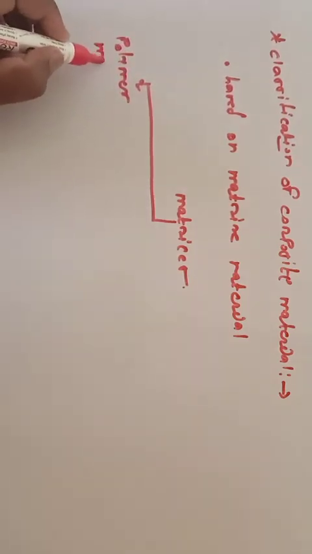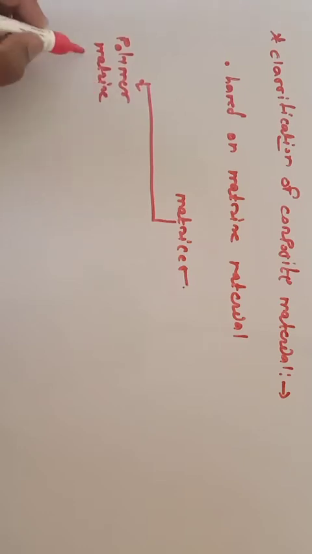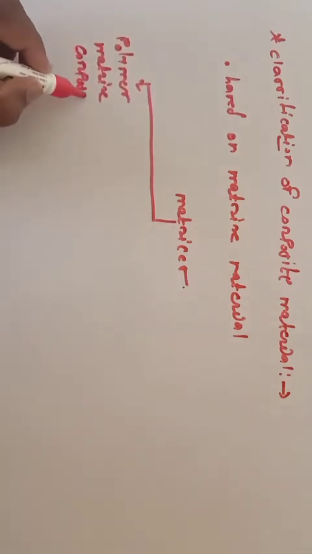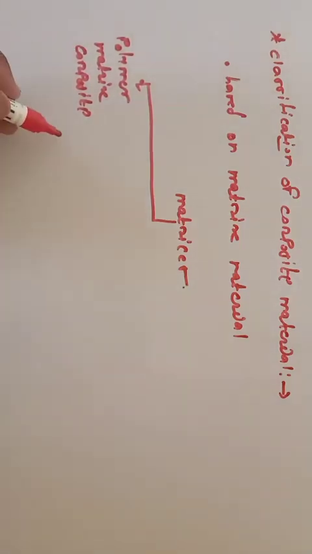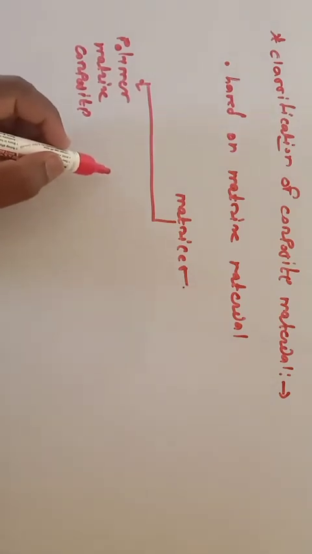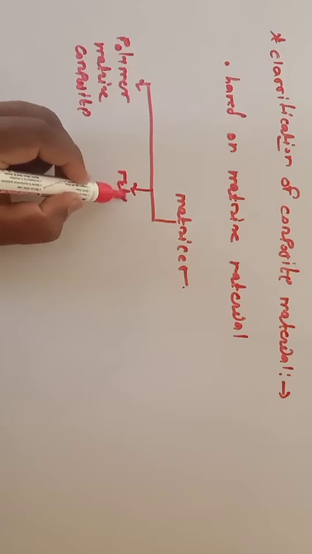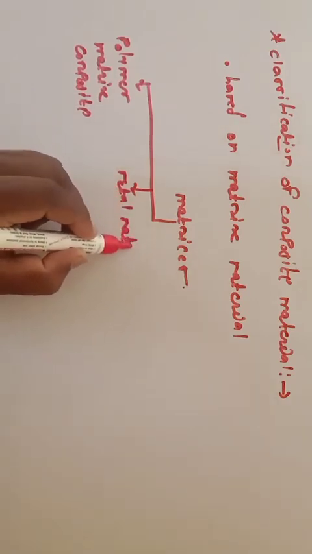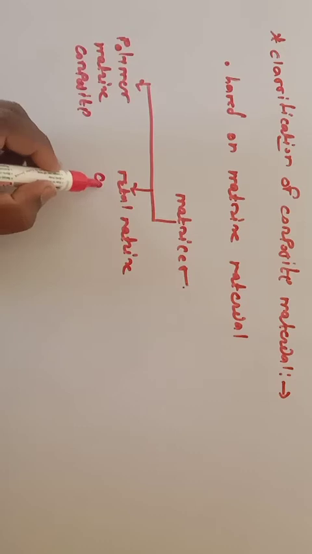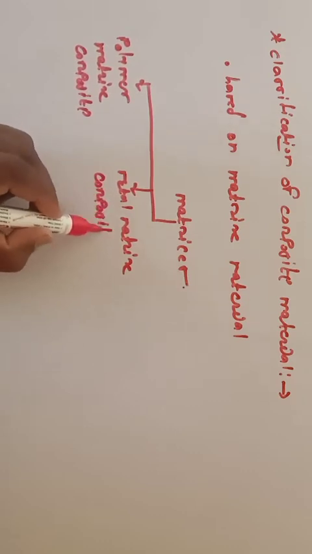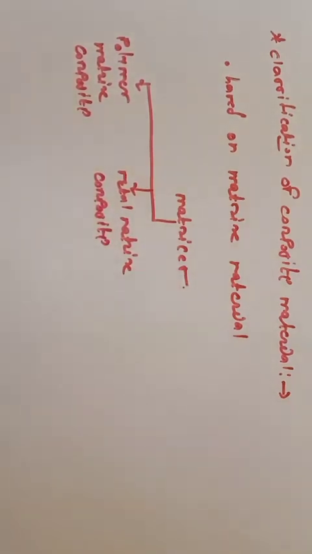In this case, the polymer is your matrix component, your continuous phase. Second is the metal matrix composite.